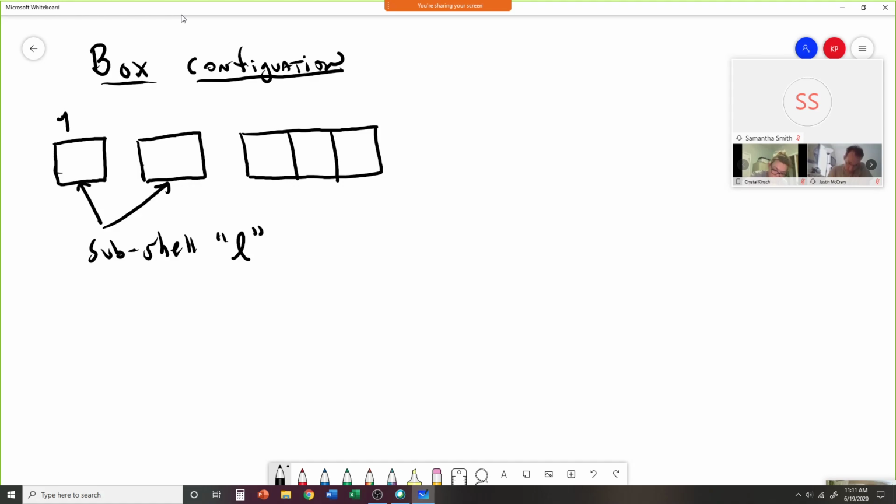So this is a 1s, this is a 2s, and this is a 2p. And the number here is going to be your primary. And so when we fill up electronic levels, the 2 is your primary, and your subshell is your l, so you've got s and p so far.